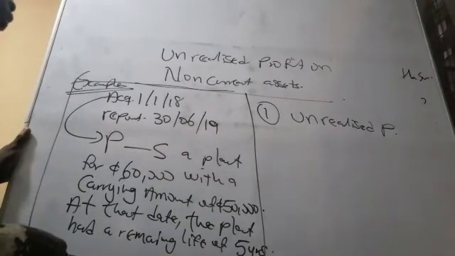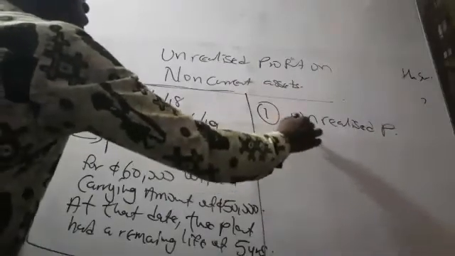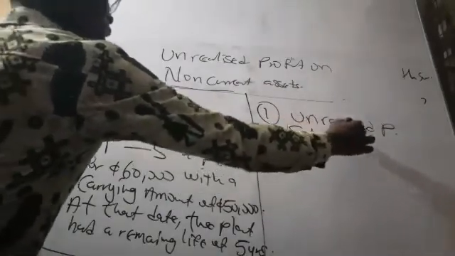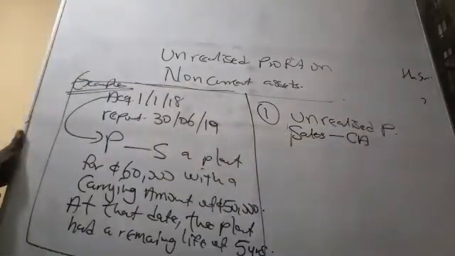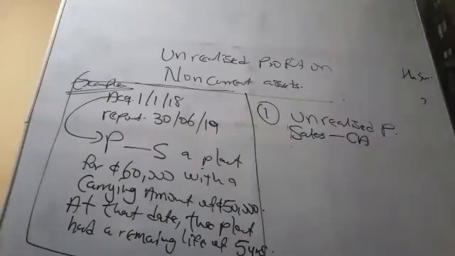So it is equal to the proceeds, or the sales value, minus the carrying amount. That's the unrealized profit. How do you treat this? Unrealized profit must be eliminated from the seller's profit. Anytime there's unrealized profit, ask yourself, who made that sale? That person's profit must go down.